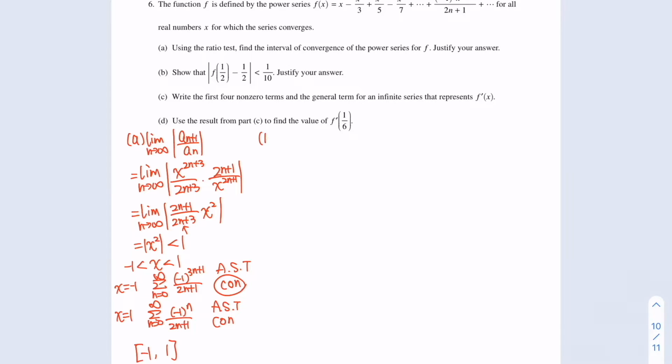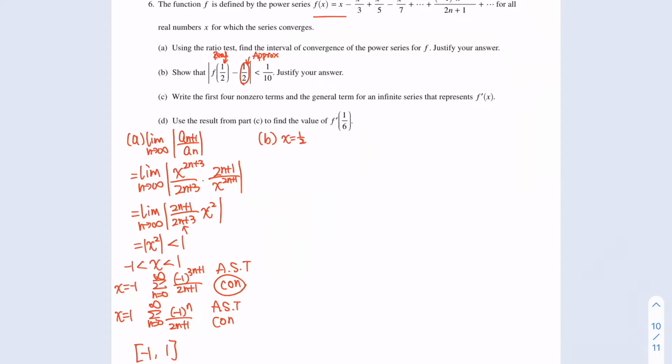Let's look at B. Show that f(1/2) minus 1/2 is less than 1/10. This is our real value. This should be the approximation. So that means when we approximate x equals 1/2, if our approximation is 1/2, the error should be less than 1 over 10.